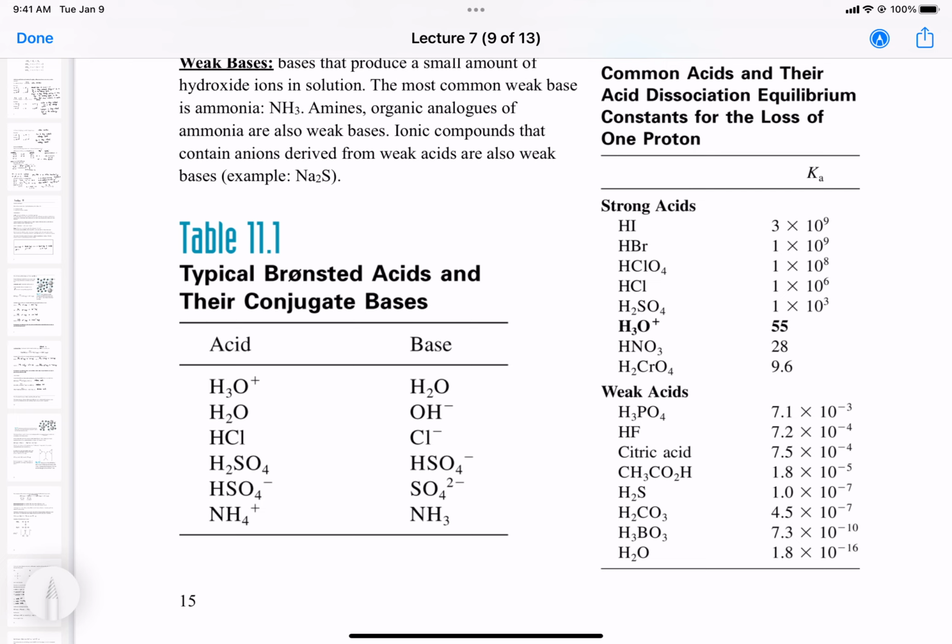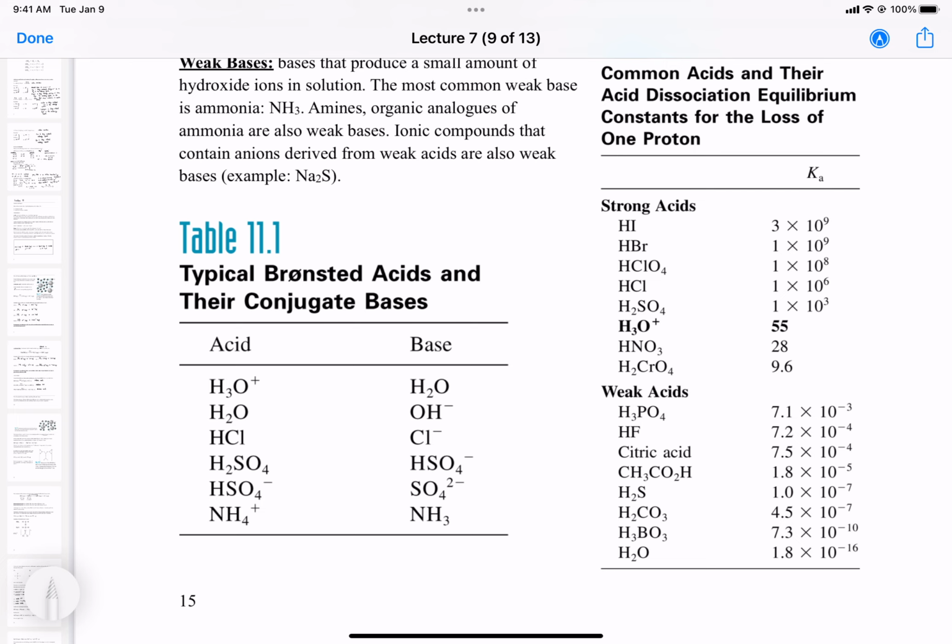And this last one, borate, comes from boric acid, so borate will also be a very weak base. And hydroxide, in this case, is not a weak base, as we demonstrated above, but that's the one exception. And these Ka values, do not worry about that.